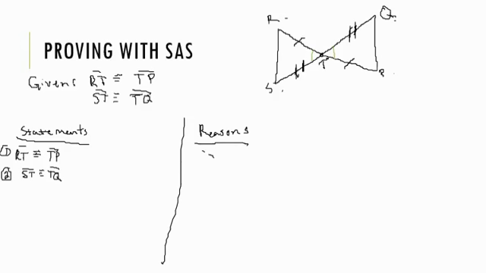So down here I'm going to write 3. Isn't there a theorem, the vertical angle theorem, that states that vertical angles are congruent? So I'm going to say angle RST is congruent to angle PTQ. Now be mindful of the way I labeled that angle. I went from this side R to this point T, and I went with the shorter side first, and then I went to the side with 2 ticks second.